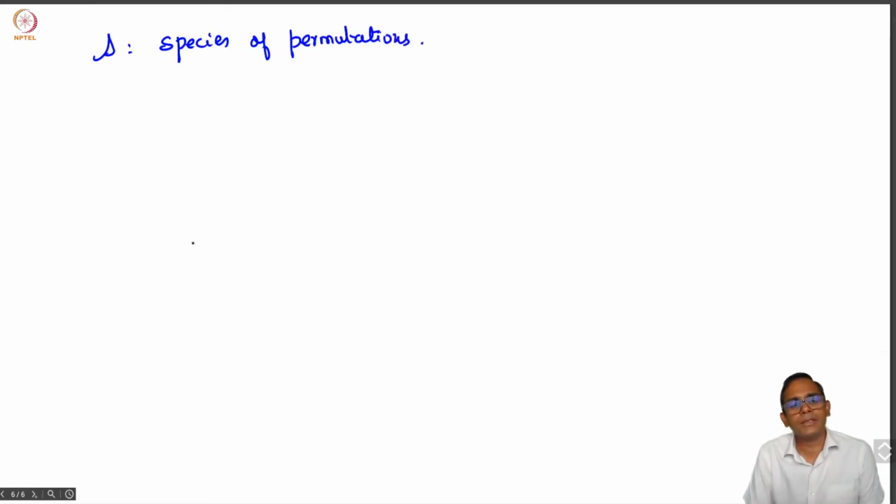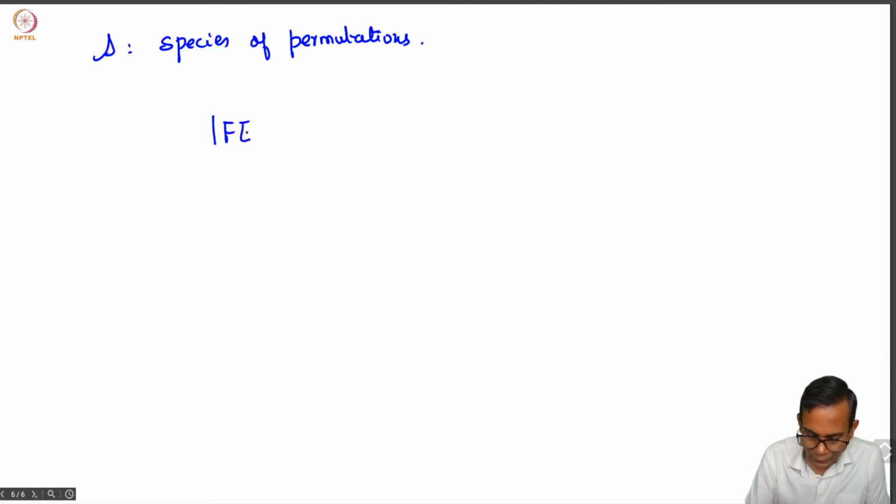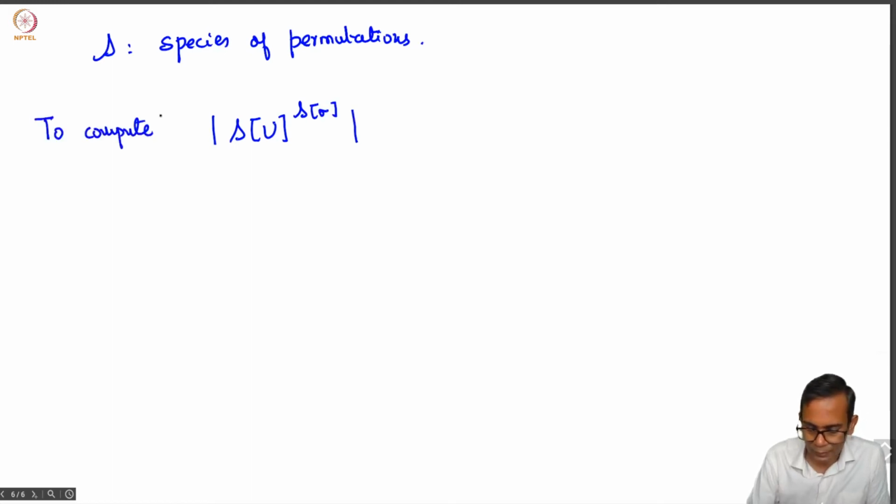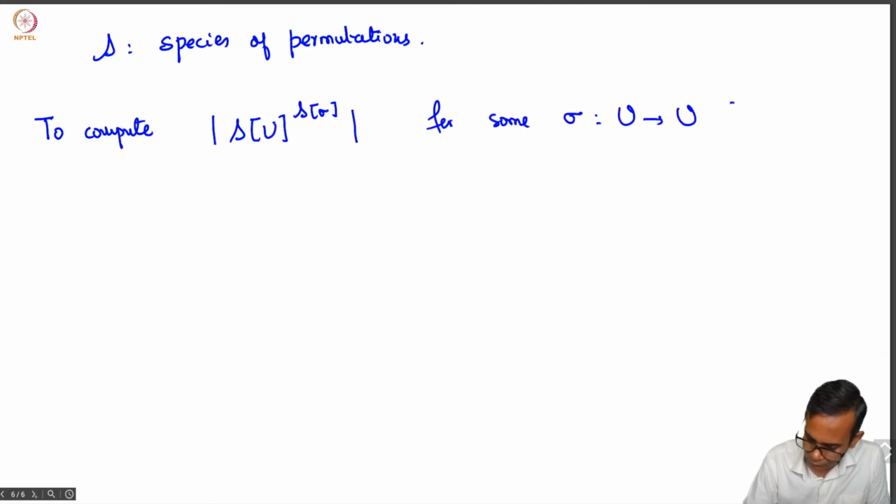The main computation to be done here is to compute the number of fixed points of S[u] under the action of S[sigma] for some bijection sigma from u to u, some permutation sigma of u, in terms of its cycle decomposition.